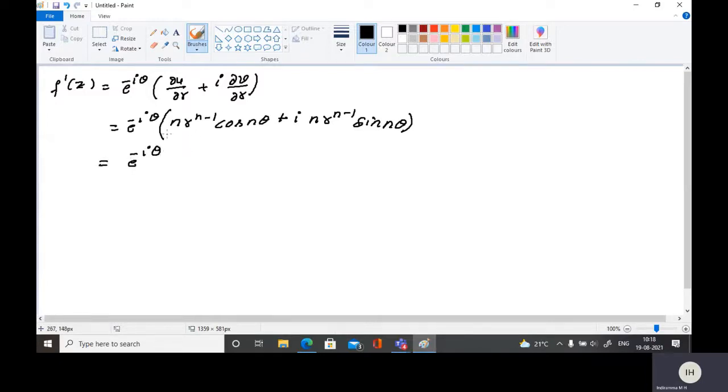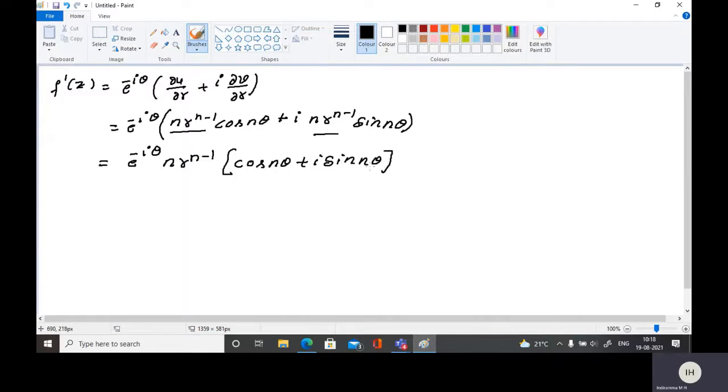Here what can we take common? n r^(n-1) we can keep out. What are we left with? cos nθ plus i sin nθ.